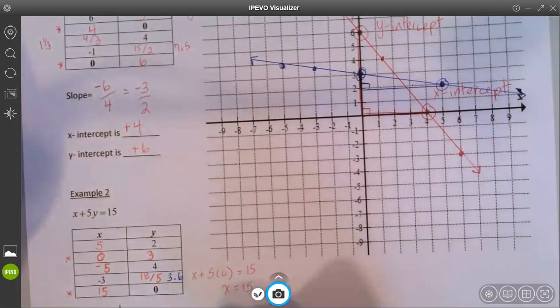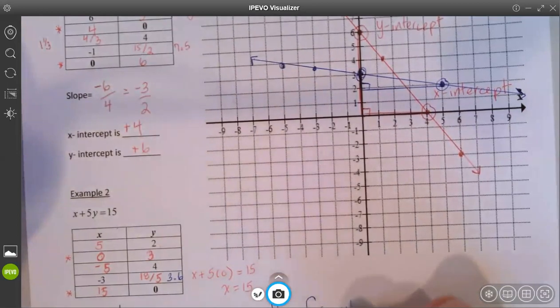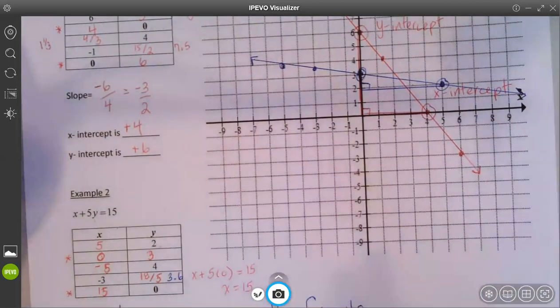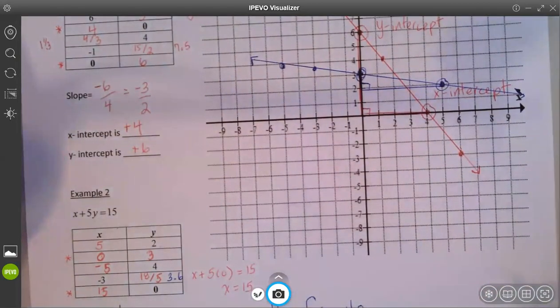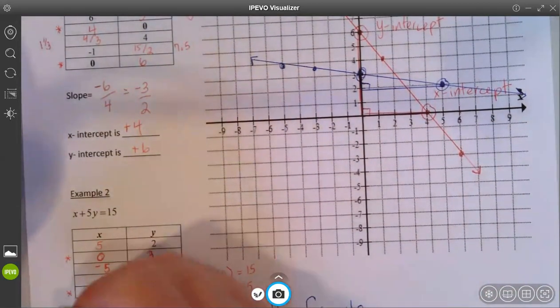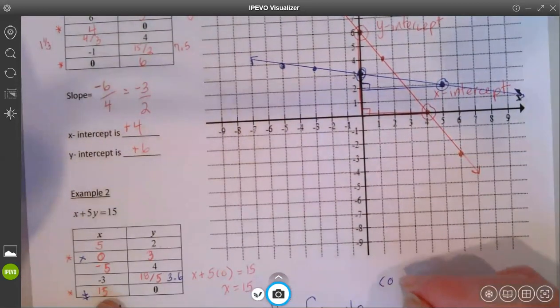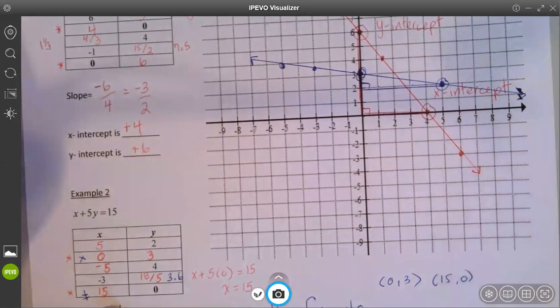Another way to calculate the slope is to use the formula. So if I want to use the formula, I'm going to go back and use the y2 minus y1 over x2 minus x1. Pick any 2 points from your list of ordered pairs. So let's pick the x and y intercepts. So I'm going to use the point 0, 3 and the point 15, 0.